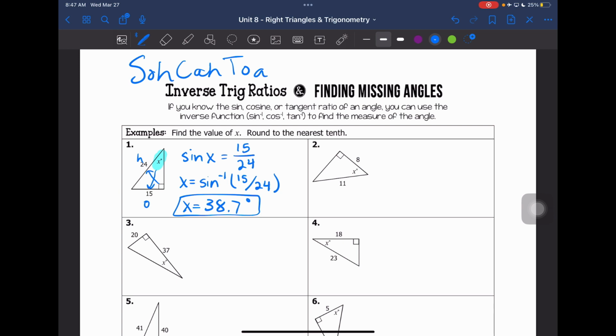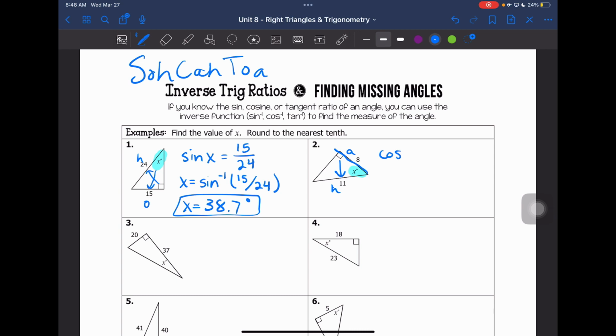Okay, let's look at number 2. I'm going to start by highlighting my angle and figure out which types of sides I'm working with. This side that's 8 is a leg, and because it's touching my angle, that's an adjacent leg. The side that's across from the right angle, that's the hypotenuse. So because I have adjacent and hypotenuse, I need to use cosine.